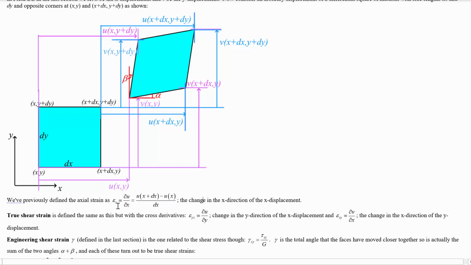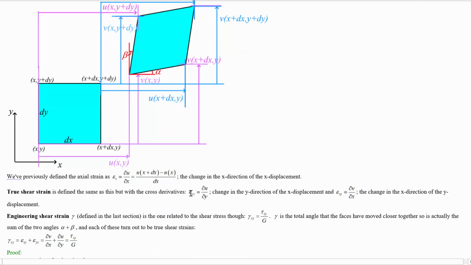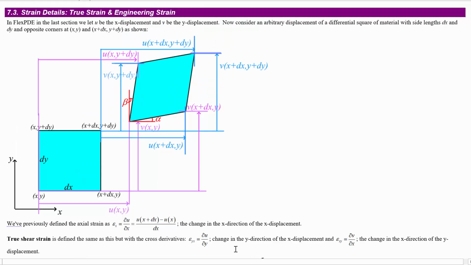So the x axial strain is the slope of the displacement in the x direction with respect to x. Similarly, the true shear strain, epsilon yx, per step in y in the x direction, is the slope of the x displacement with respect to y position.